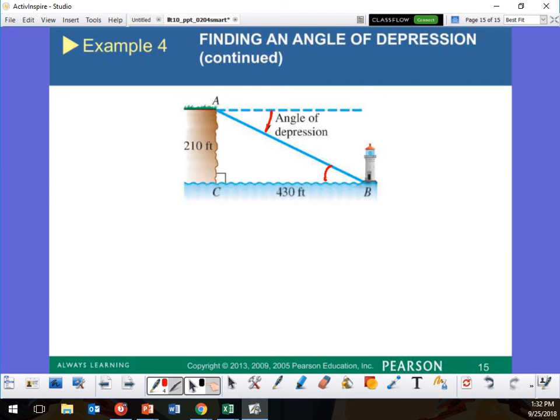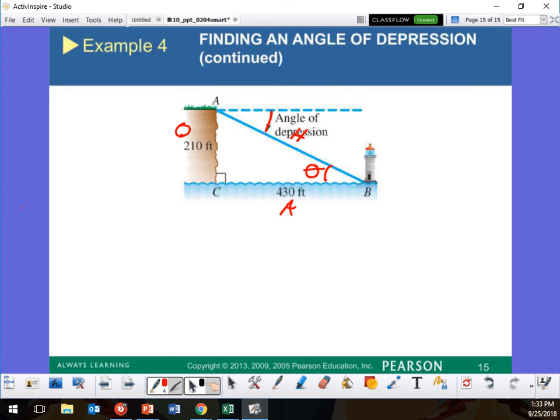So I'm going to look for this angle, and I'm going to call that theta. From this angle, this side way over here would be considered the opposite, this side right here the hypotenuse, and down here the adjacent, right?